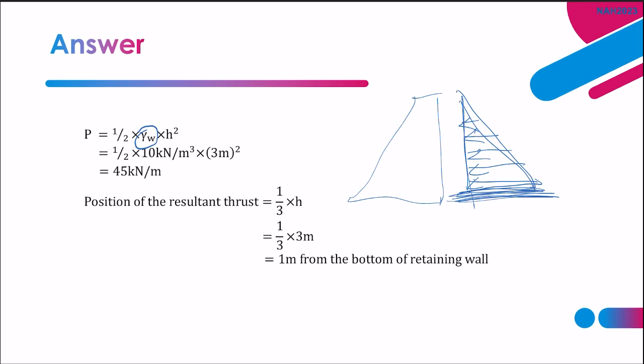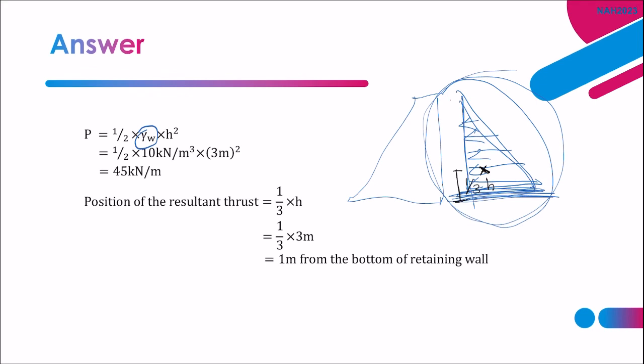Because you know the distribution of pressure looks like this. Then you know for water it is a triangle. The bottom is 1/3 of H, 1/3 of the distance. If from the top, it is 2/3 H. But we don't want from the top, we want from the bottom. So 1/3 times H. Why do we take this distance, not this distance? We don't use this distance because the pressure is a horizontal pressure.